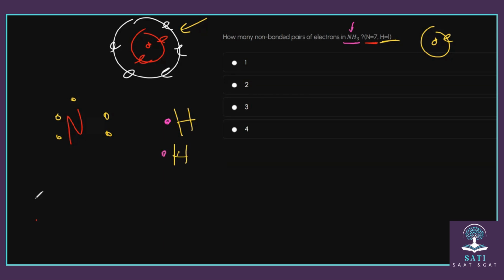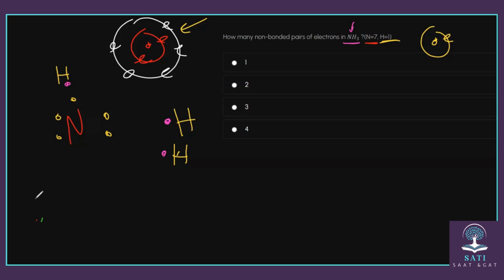We can draw the next hydrogen at any place, here also, and it will have 1 dot as well, representing 1 electron. Now this nitrogen has, as we said, 5 valence electrons, and each hydrogen has 1 valence electron.